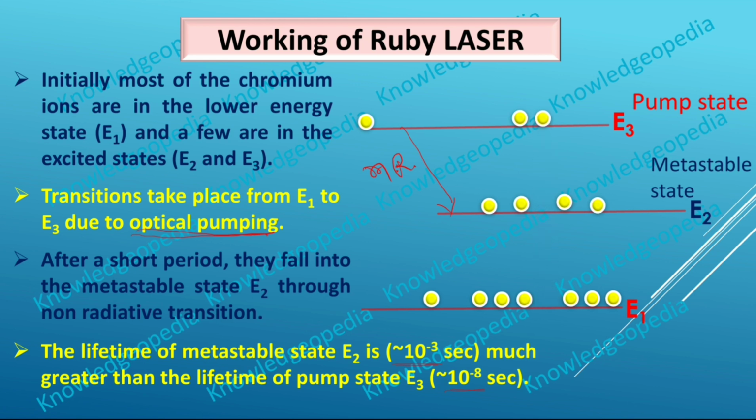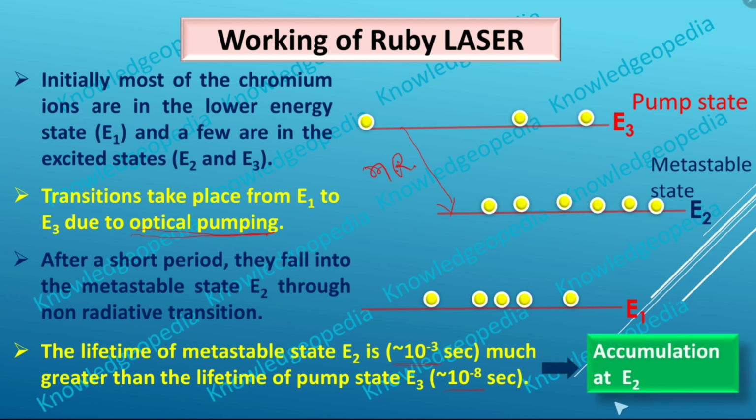So when these atoms are moving from E1 to E3 and coming to E2, they are staying there for a long time. So after some time, what will happen? They are getting accumulated at the metastable state E2. So slowly they are getting accumulated at E2.